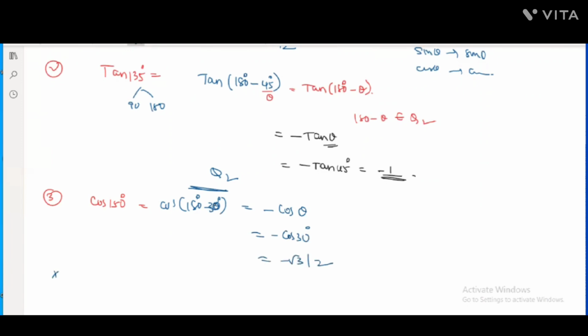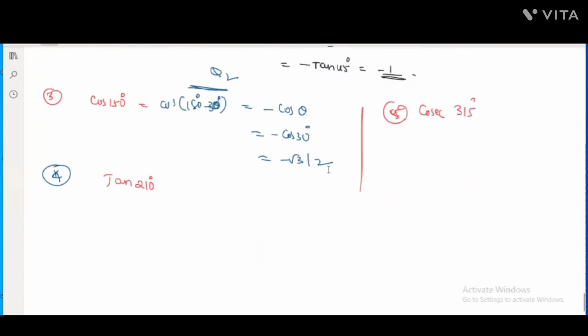More than this, one more thing we will take, like 210. So tan 210 degrees, or we can take cosecant 315 degrees. Let's see these two examples, and we'll complete this topic.